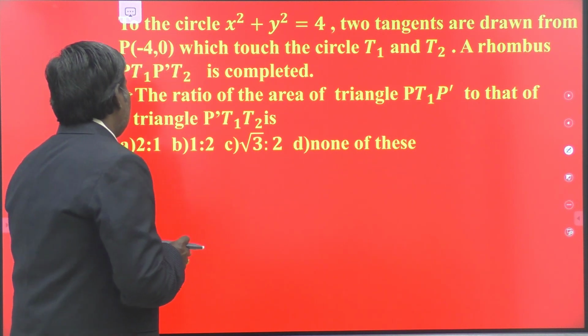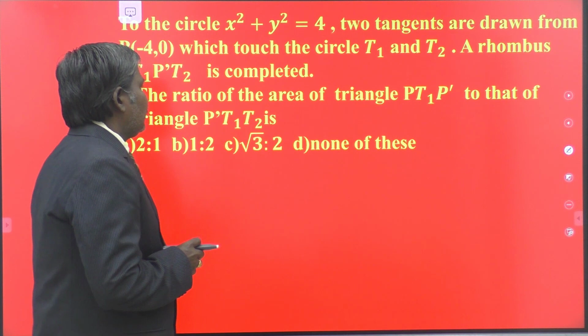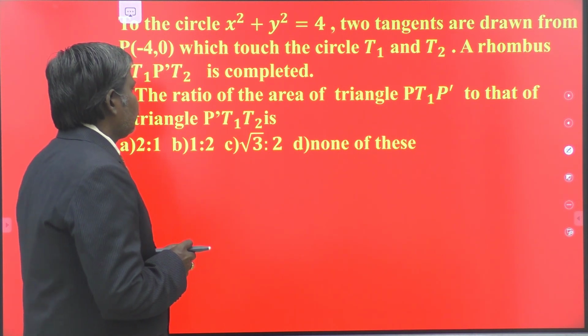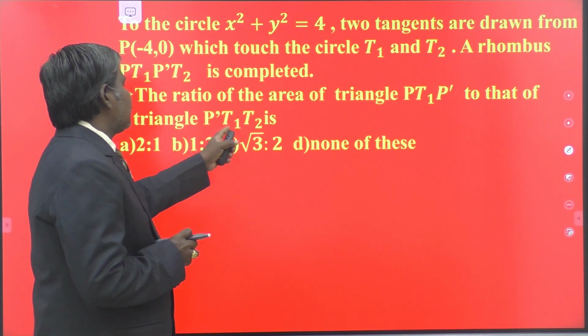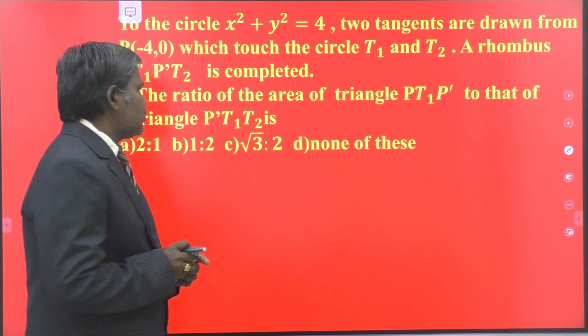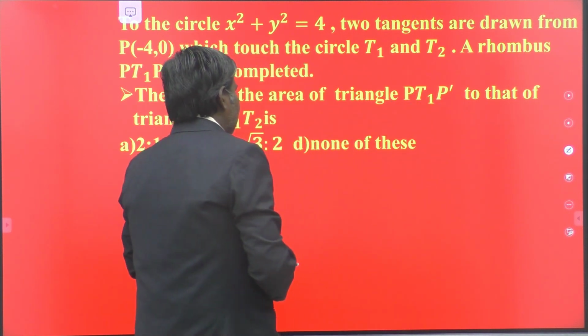Same paragraph is there. What is the question? The ratio of the areas of triangle P dash T P dash to that of triangle P dash T1 T2. This is P T1 P dash.